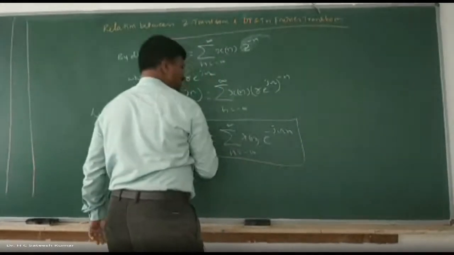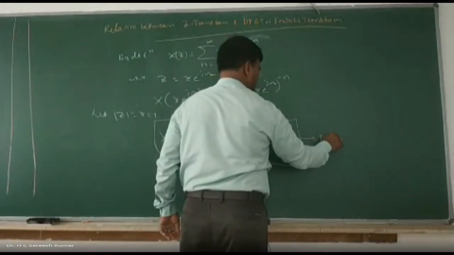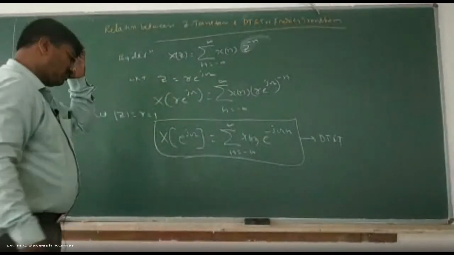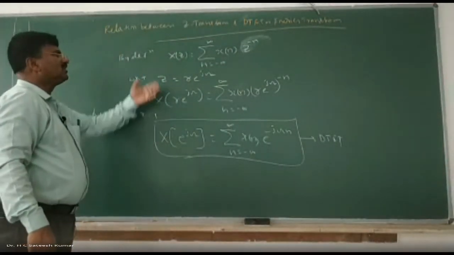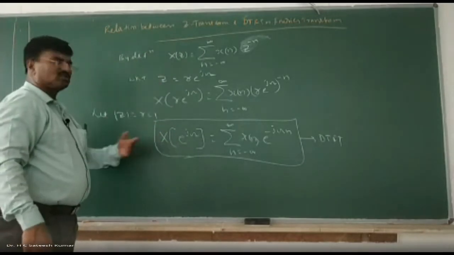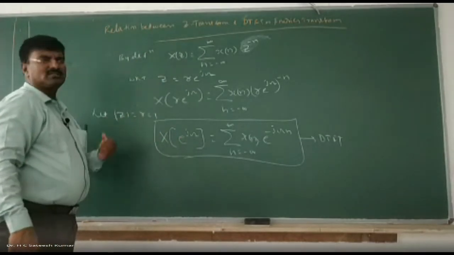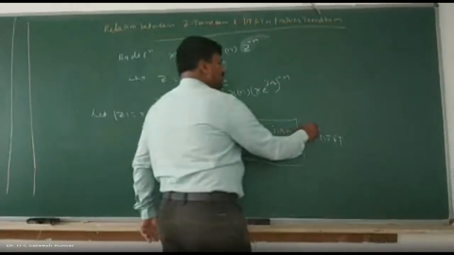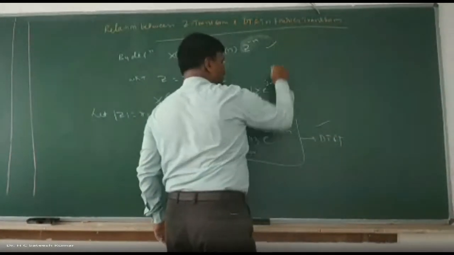This is nothing but your DTFT, the discrete time Fourier transformation. That means the Z transformation can be reduced to the discrete time Fourier transformation, keeping the magnitude of z equal to 1 or R equal to 1. So that is the relation between discrete time Fourier transformation and Z transformation.